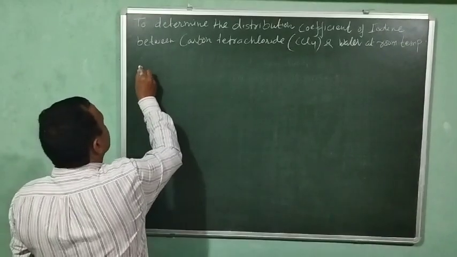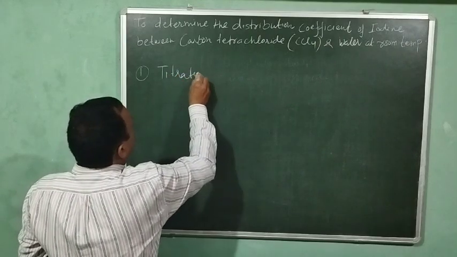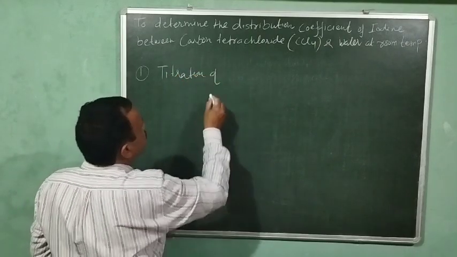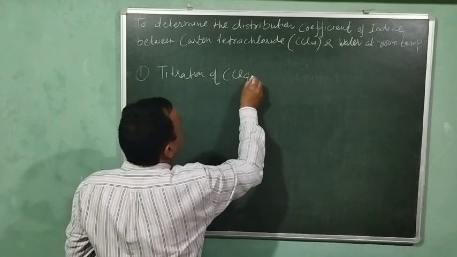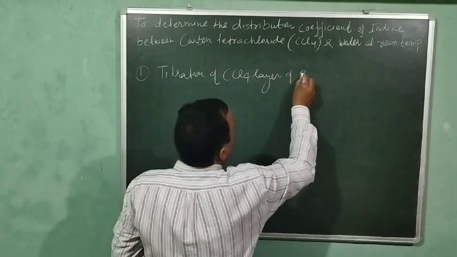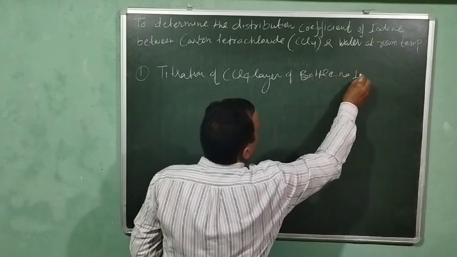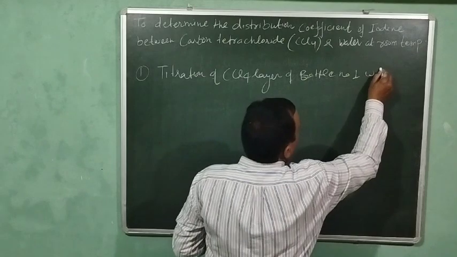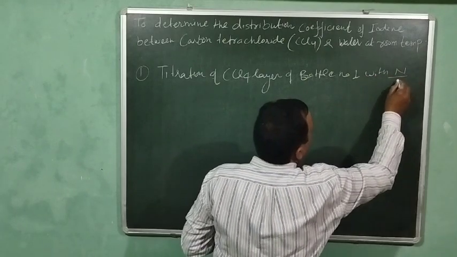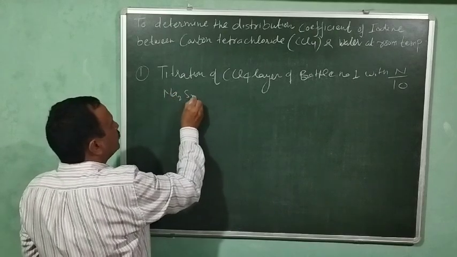So next step is titration of CCl4 layer of your bottle number 1 with N/10 sodium thiosulfate solution.